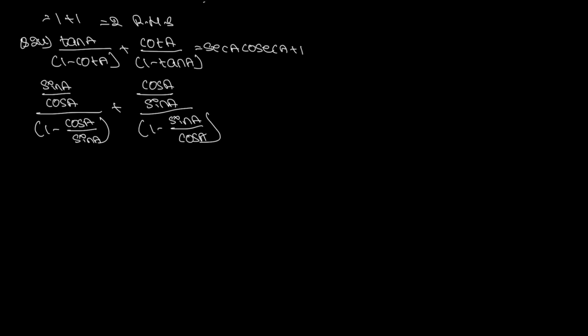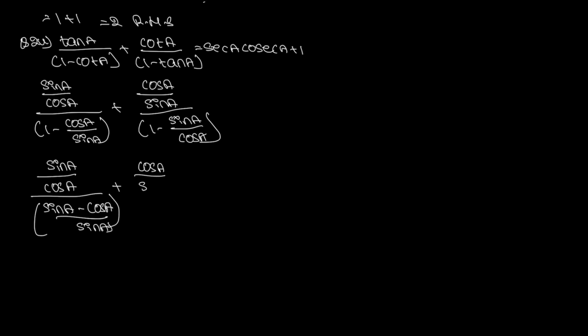First let's take the LCM of these denominators. This numerator remains same, cos a by sin a, and then the denominator will be sin a minus cos a by sin a. And our next term is cos a by sin a, and the denominator will be cos a minus sin a by cos a.